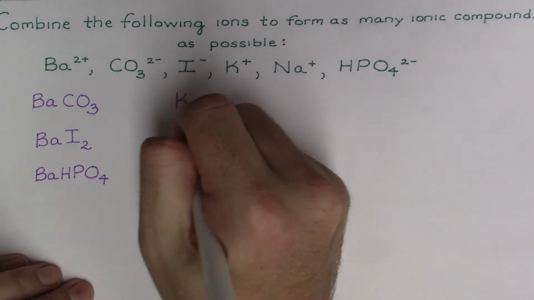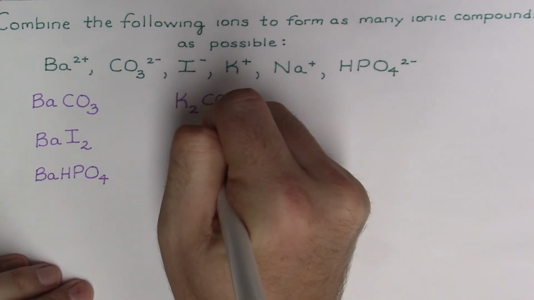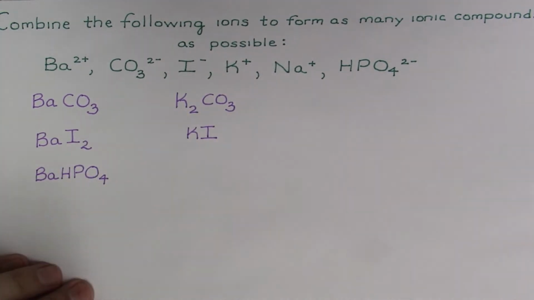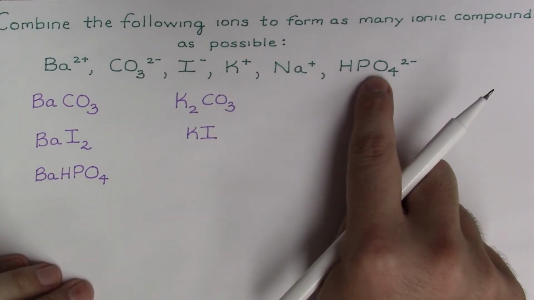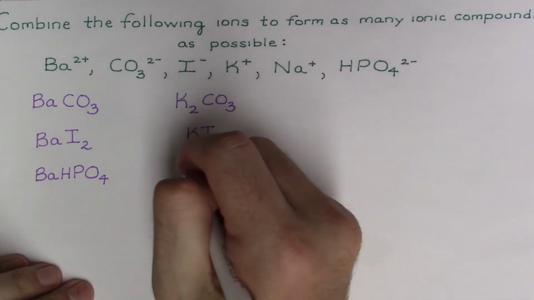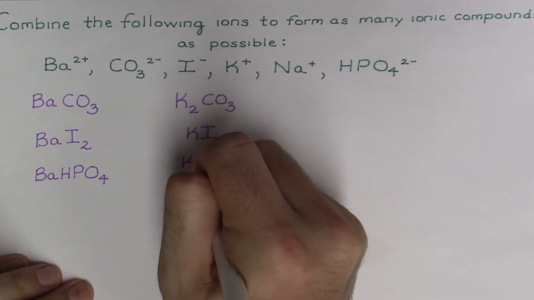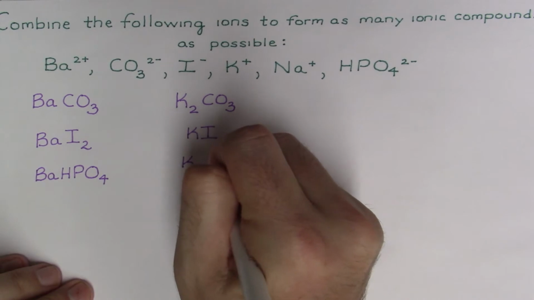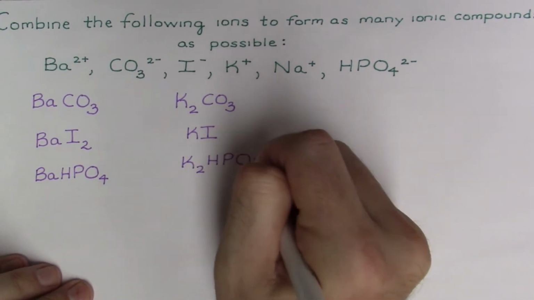For my potassium and iodide, we are going to have 1 each, so that will just be KI. Finally, my last potassium species will be potassium with my HPO4 2-. So once again, I will need 2 potassiums and only 1 HPO4 to balance the charge.